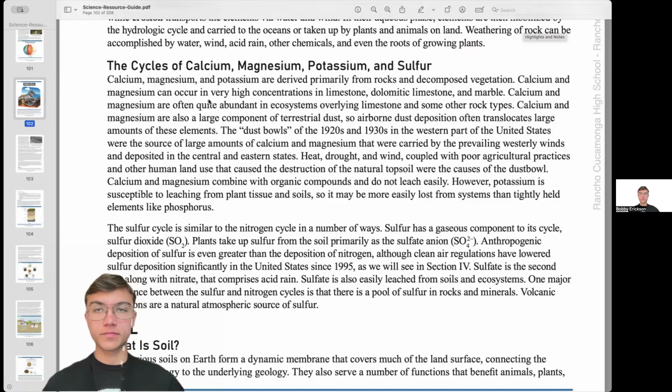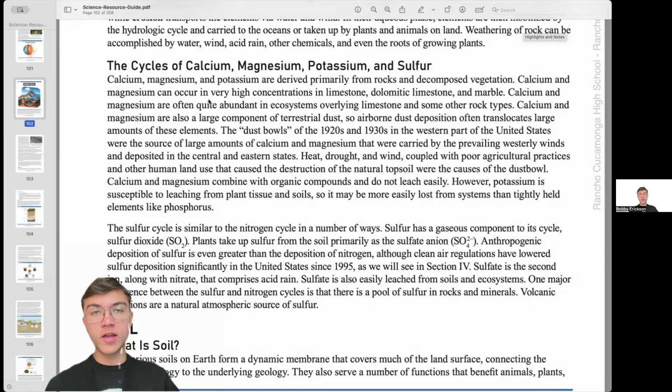And so there were a lot of westerly winds that actually deposited dust in the central and eastern states. Heat, drought, and wind, coupled with poor agricultural practices, actually led to the destruction of that natural topsoil. So in these dust bowls, the soils were being destroyed, and this caused the calcium and magnesium to be picked up as dust and carried away.